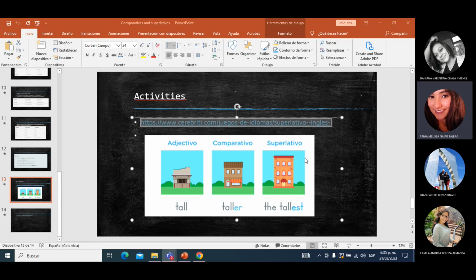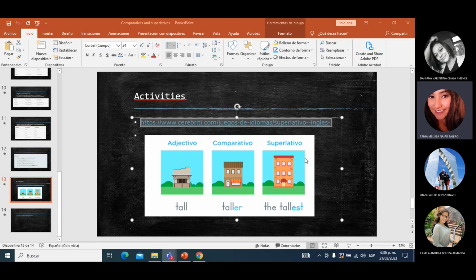Or maybe it could be only three adjectives. You choose a long adjective and the other one has to be short.